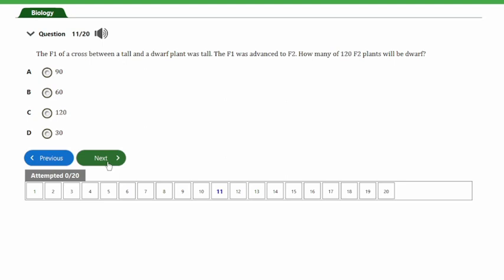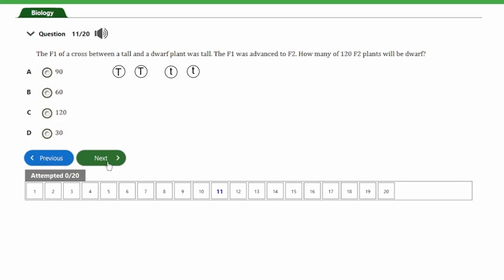So guys, we have to obtain this mathematically. In the F1 generation here, if we are to cross this, we'll have capital T, and then we'll have a small letter t and another small letter t. That's for dwarf.